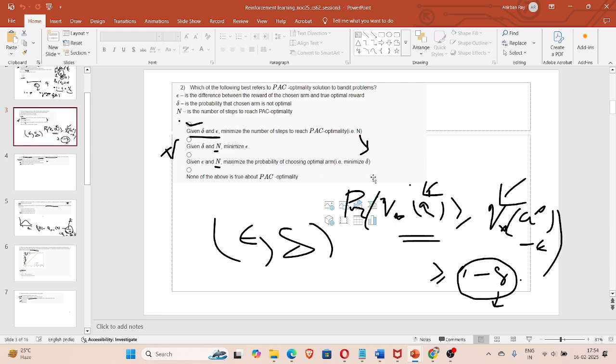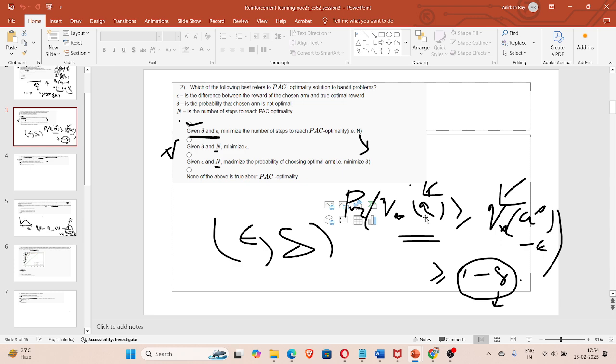So this is PAC optimality. In PAC optimality, the optimal arm is A star, and Q star of A is the optimal estimation of the reward function.